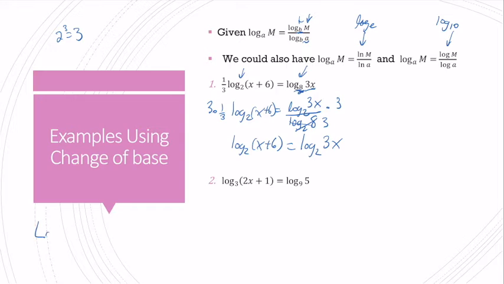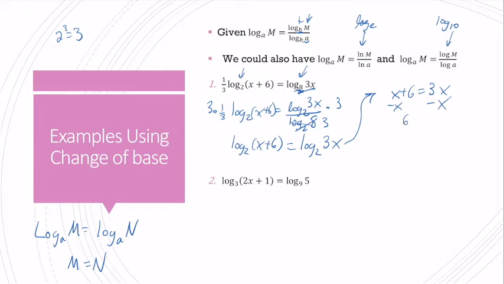Note, I can now use the rule: if I have log base a of m equals log base a of n, then m equals n. So I can rewrite this as x plus 6 equals 3x. Now I have an equation in a single variable without logarithms. It's a lot easier to solve. So I have 6 equals 2x, so 3 equals x.